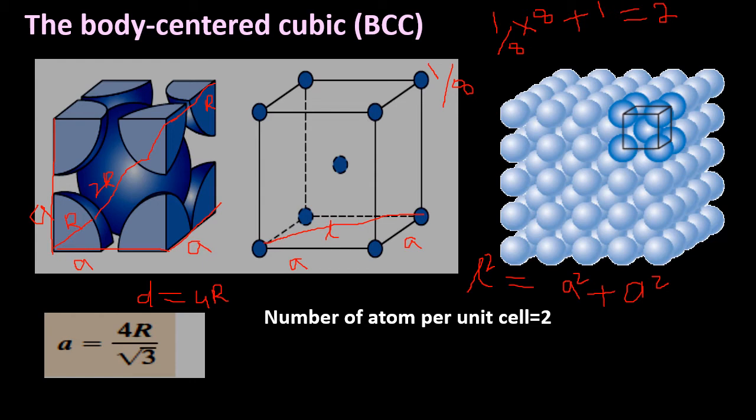Okay, if we take the long diagonal, this is equal to D, and this one is equal to 4R, and this side is equal to A. If we take this triangle, we can say that D square is equal to L square plus A square.